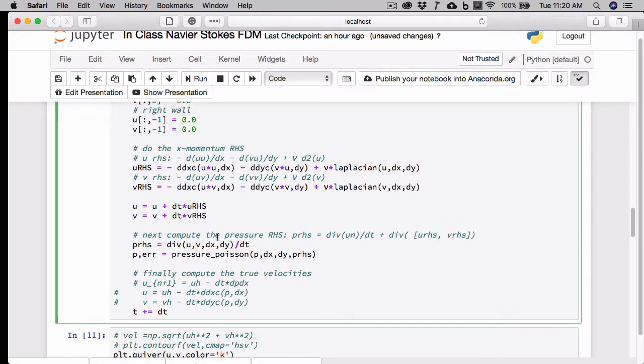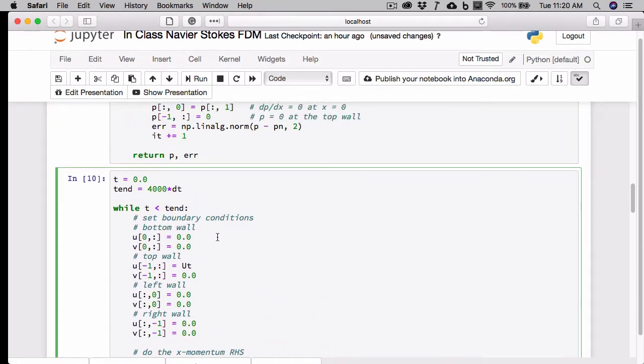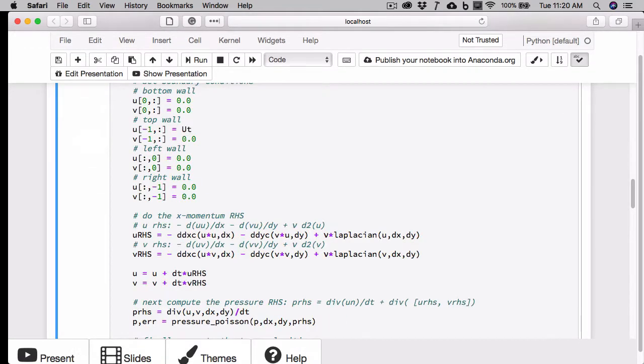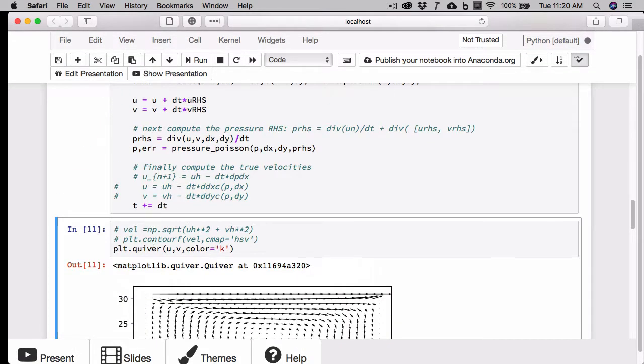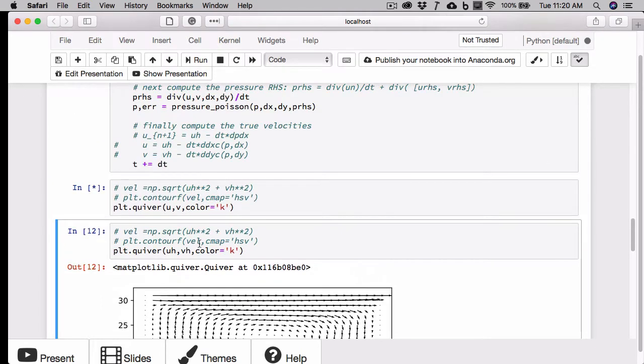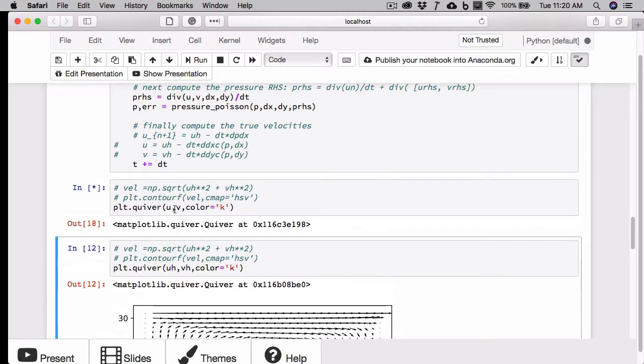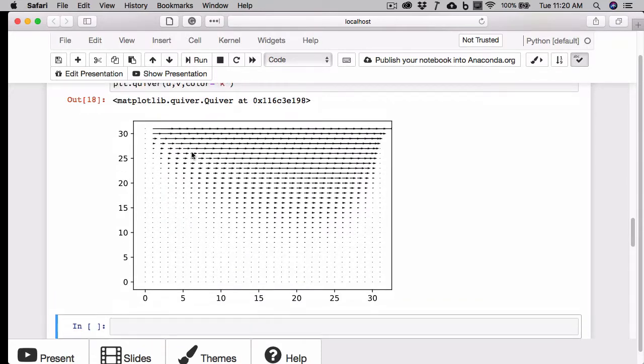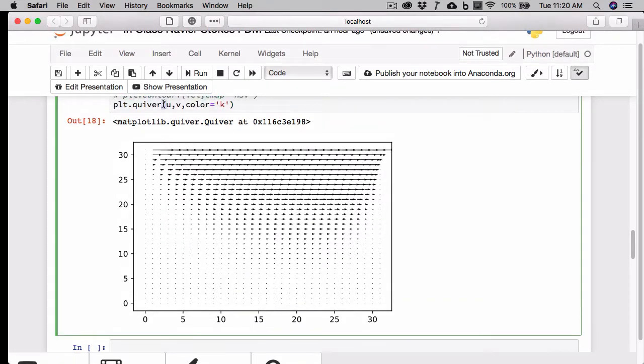Then I'm going to plot dpdx and dpdy just to show you the sum of the two. If we plot u tilde and v tilde, this is what we get. But now we can also plot dpdx and dpdy.